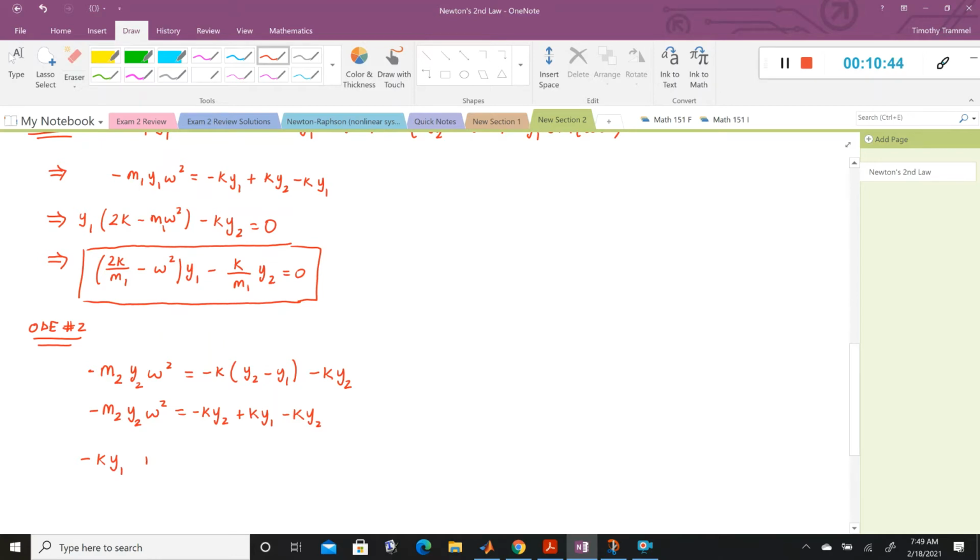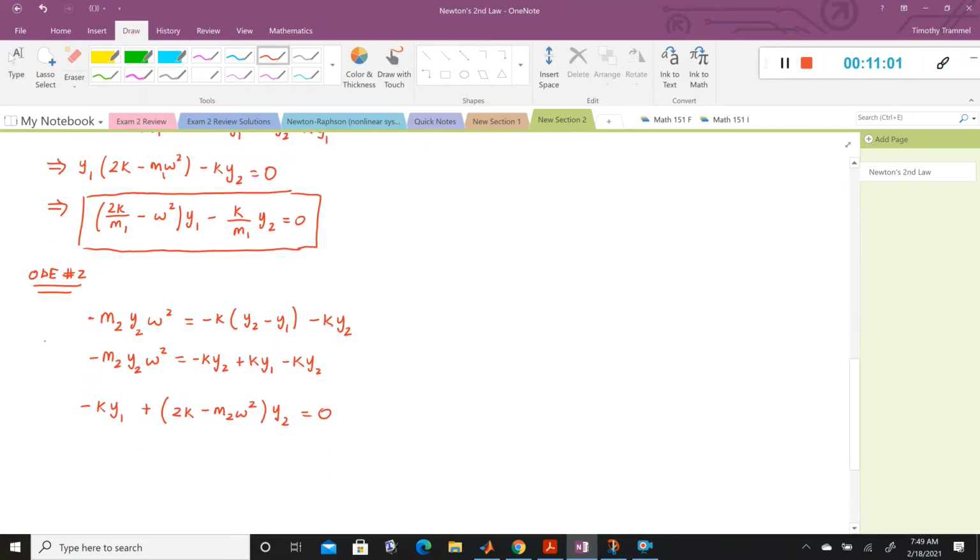And then plus, and now let's go ahead and add over that 2ky2, but I'm going to be factoring that out because I have another term that has a y2 in it. And one more step here, we are going to divide by m2.